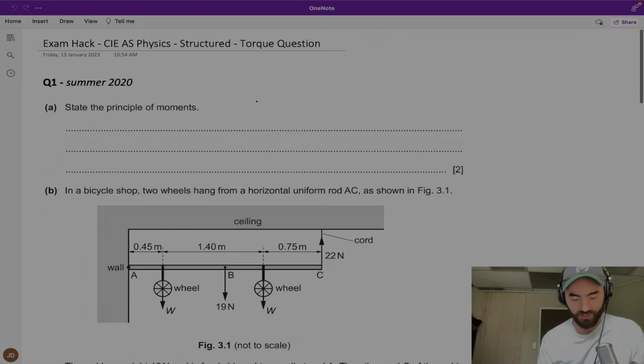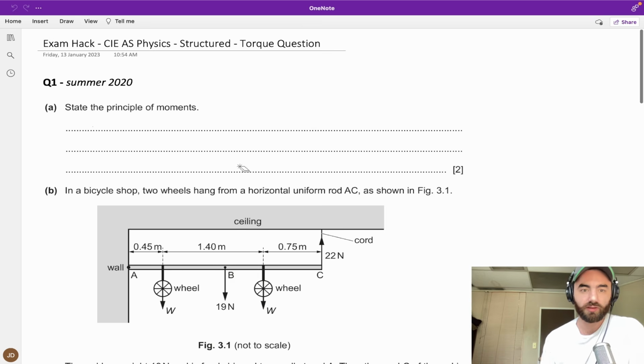Okay, so we've got a couple of questions here. Just run through these to consolidate that theory. Okay, so state the principle of moments.